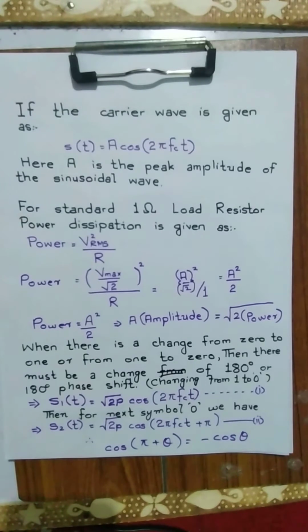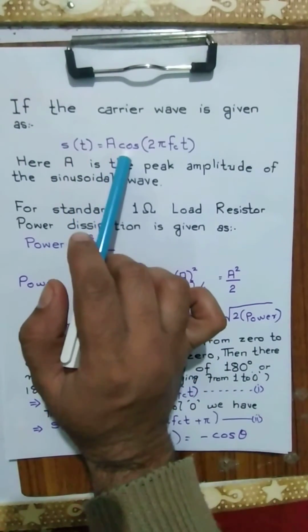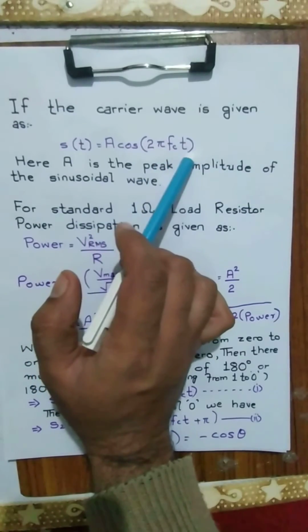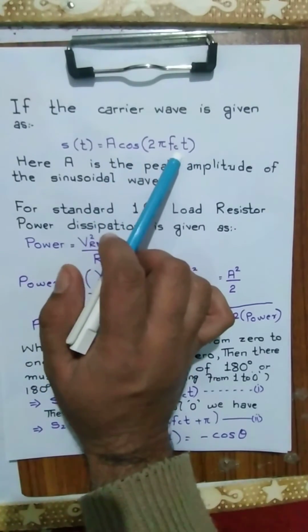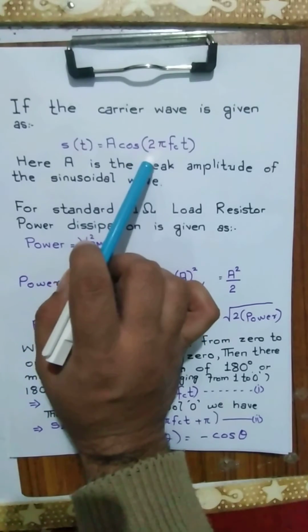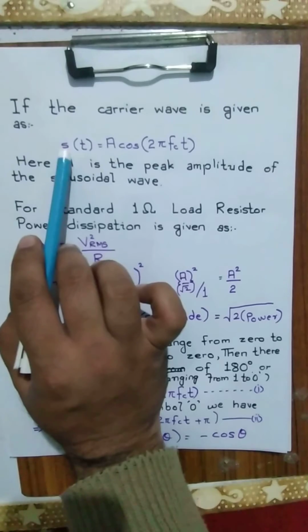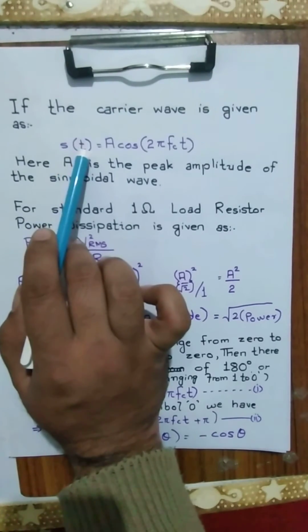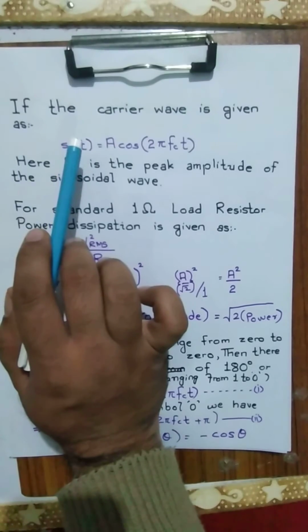Then we are going towards the mathematical equations, or the mathematical model, of the carrier wave. We know that s of t is equal to A cos of 2 pi fc t. But actually, what is the hidden thing inside this equation? We know that when there is a thing written as s of t, it actually means an instantaneous point.